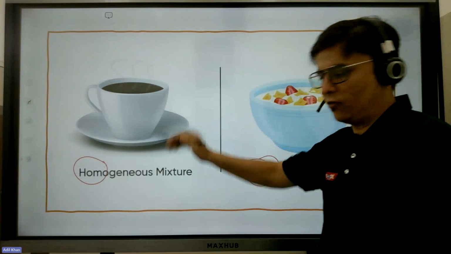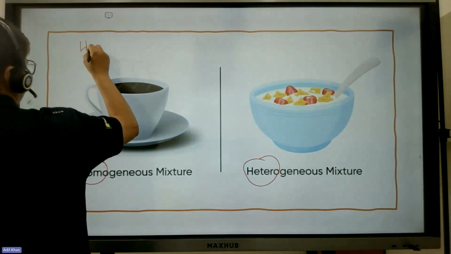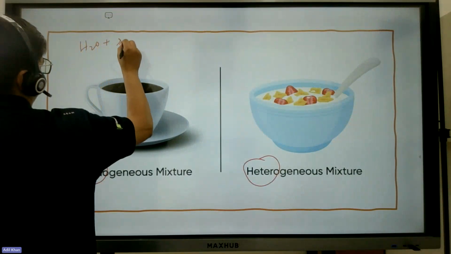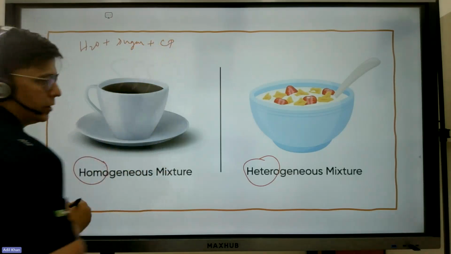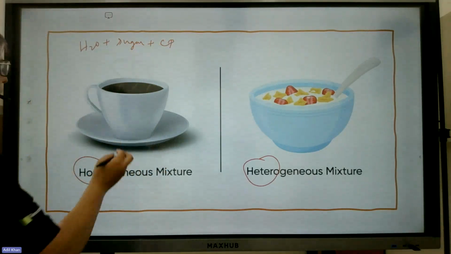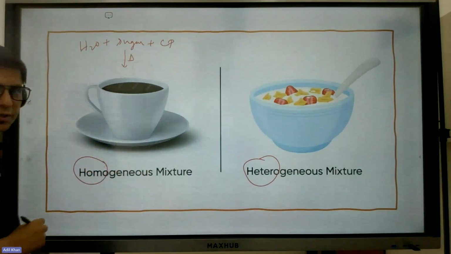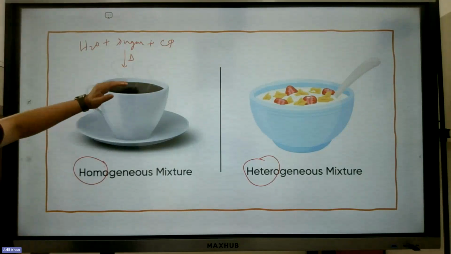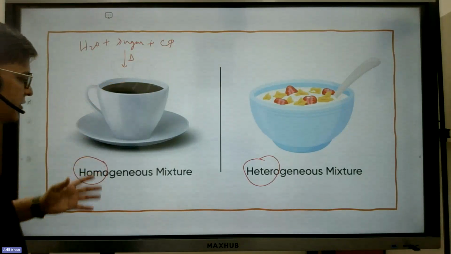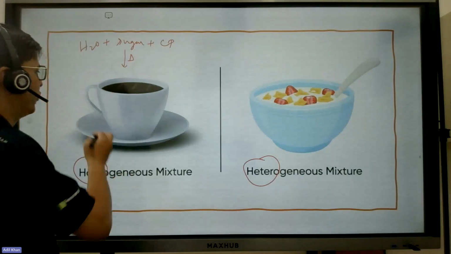So this is your black coffee. Your black coffee is made up of water, sugar or a jaggery cube, and coffee powder. When you mix them and heat them on some heating source, this delta sign represents heat, you will get coffee. Now in this homogeneous mixture, black coffee, can you find out where is the water?